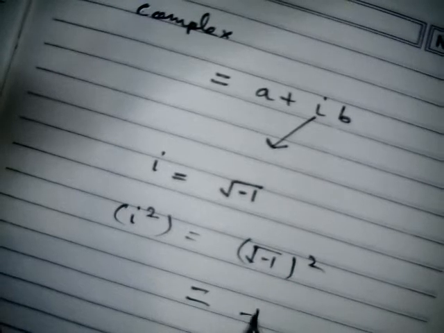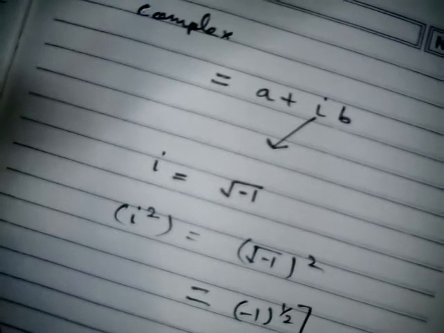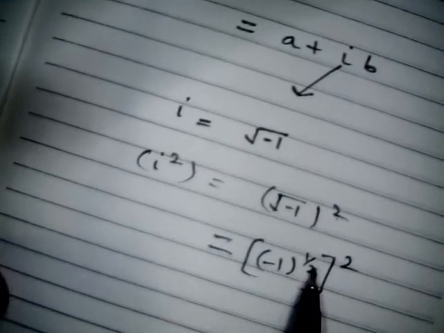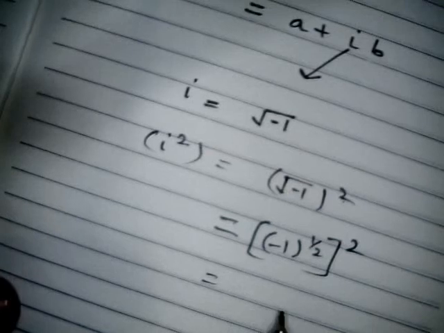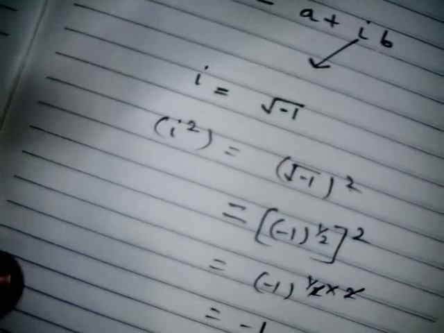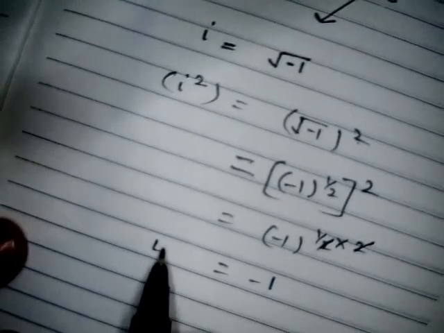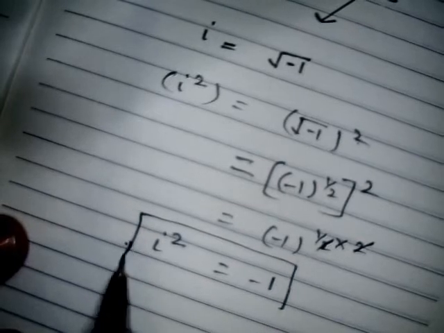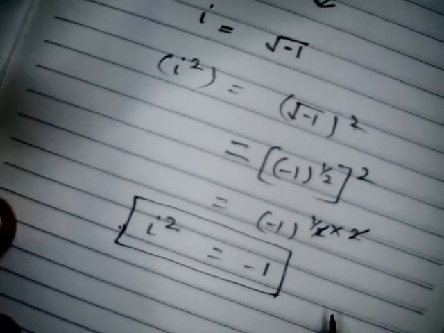Power to the power gets multiplied, so this 2 cancels out, so what is coming? -1. So i square equals -1. Okay, this is very important, you need to learn it. i square equals -1.